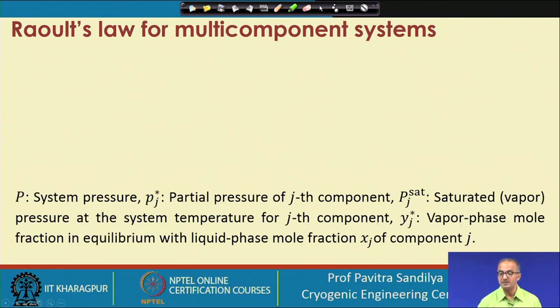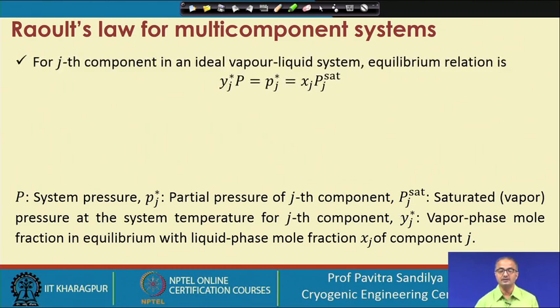Yj star is the vapor phase mole fraction in equilibrium with the liquid phase mole fraction xj of the component j. So, considering one single arbitrary component j, we shall be writing Raoult's law for the multi-component mixture. Here we must understand that Pj star and Yj star are one and the same. They are two different ways of representing the vapor phase composition.